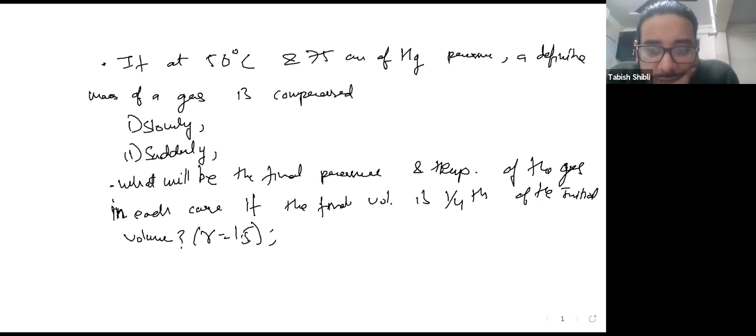How about you take this question home, solve it, and we'll discuss it first thing next class. We've gone through the first law completely, and these are the things that one needs to understand. That's it.